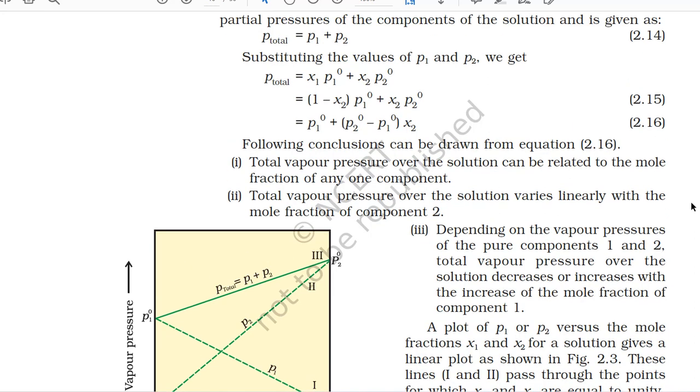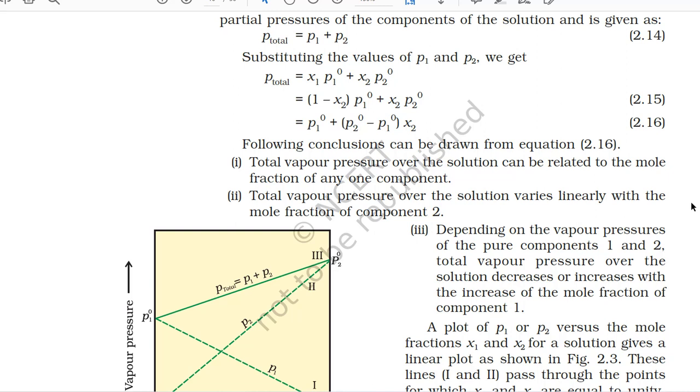Substituting the values of P1 and P2, we get P total equals x1 times P01 plus x2 times P02, which equals (1 minus x2) P01 plus x2 times P02, which equals P01 plus (P02 minus P01) times x2.